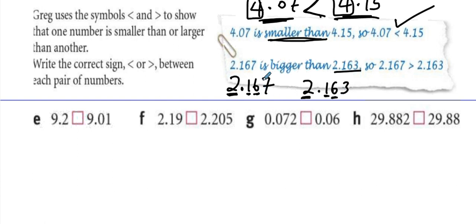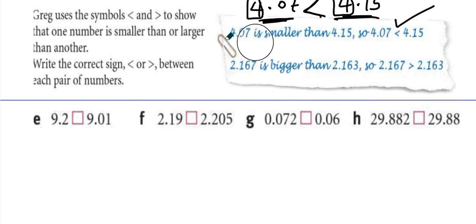But when you move to the fourth digit, this will be sounding as 2.167, 2.163. So it means this decimal is bigger than 2.163. See that? And this symbol means bigger. This symbol means less or smaller.